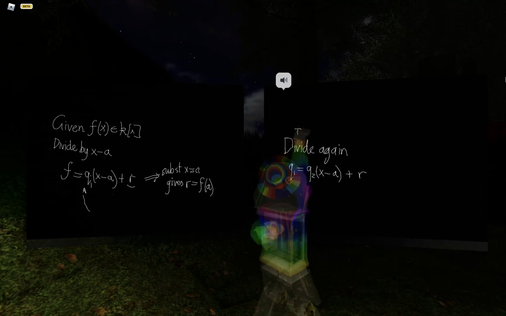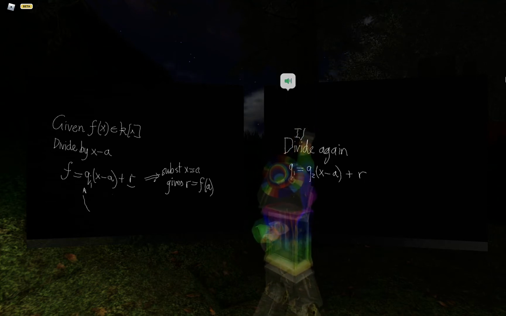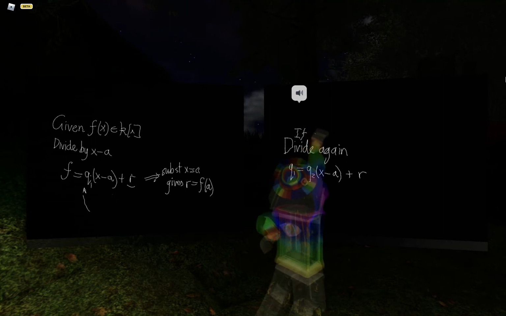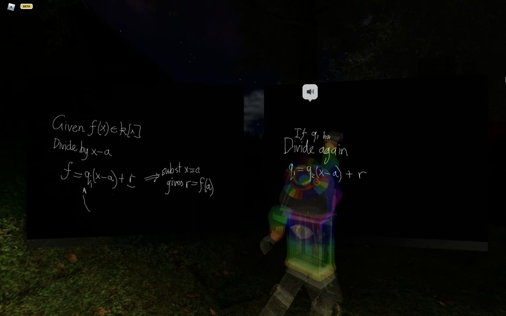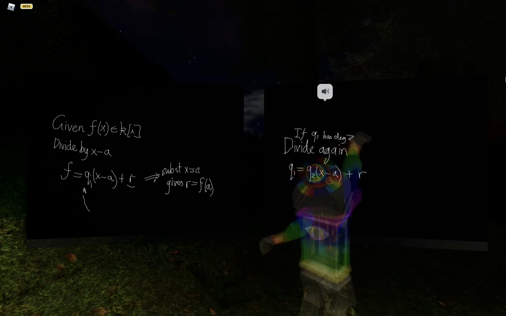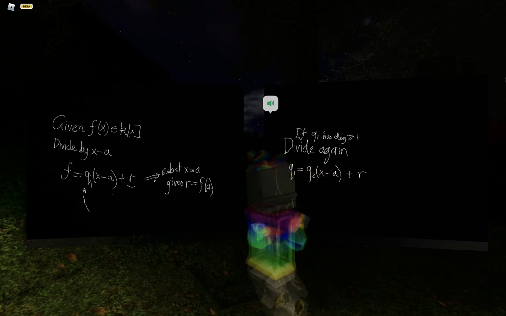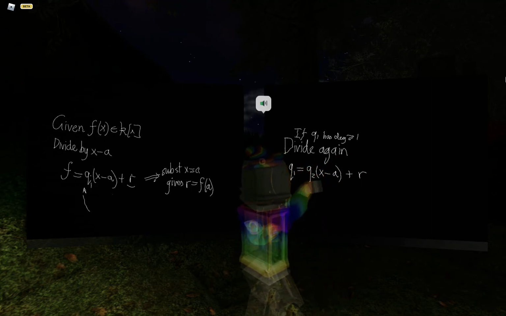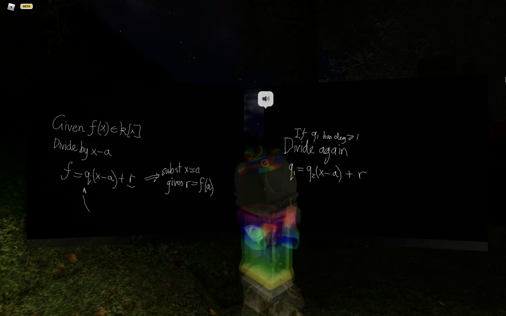So if Q1 has degree greater than or equal to 1, if it's already degree less than, I mean, we could still do the division, it just wouldn't give us anything here. We just get the remainder straight away, right?